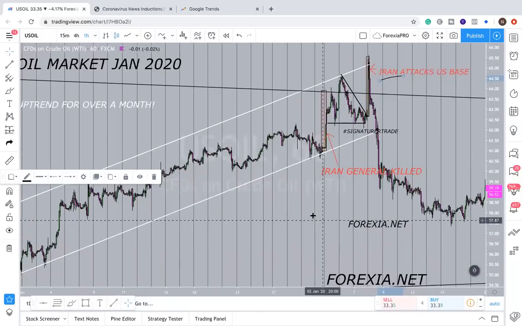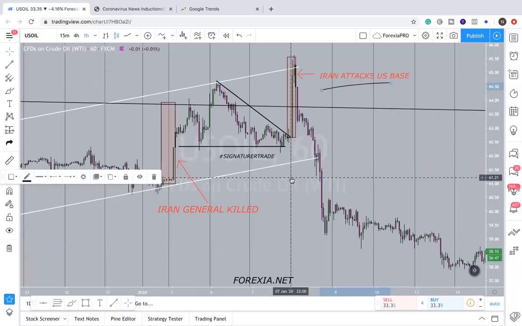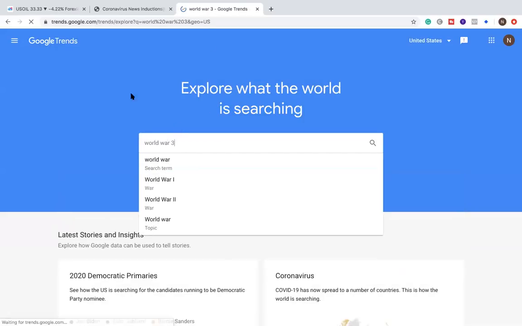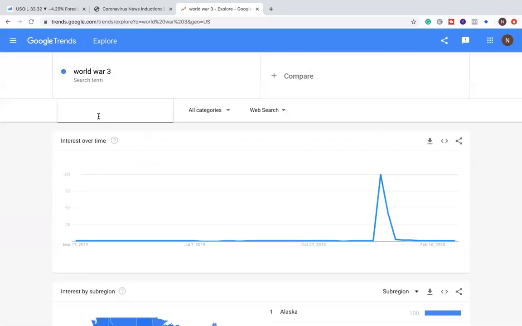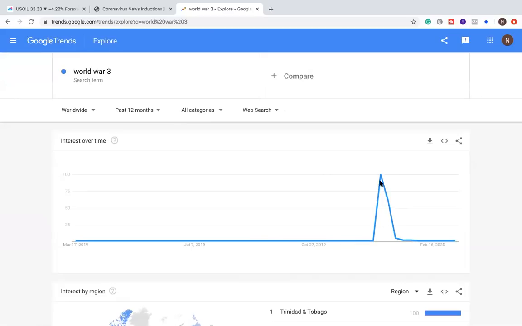A worldwide news event, because headlines around the world were saying World War III was happening. And I can prove it. World War III, Google Trends, the past 12 months worldwide, right here, between December 29th, 2019 to January 4th, 2020.